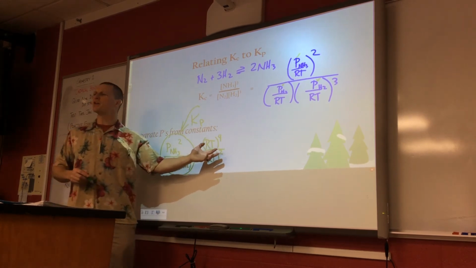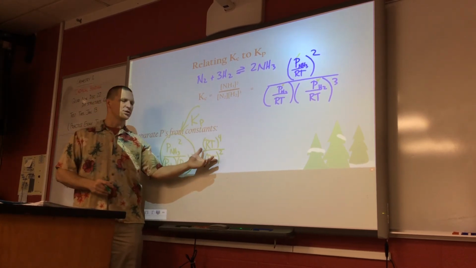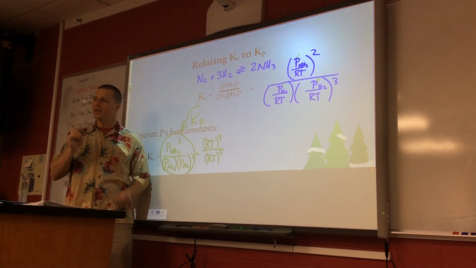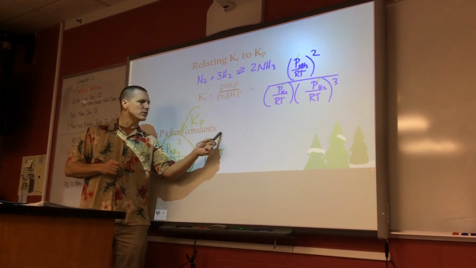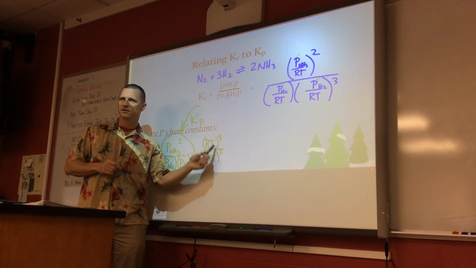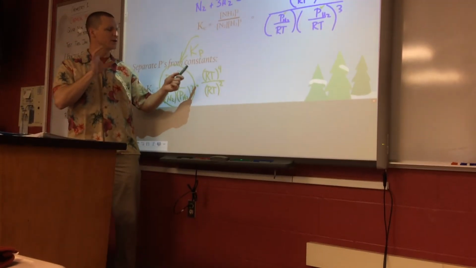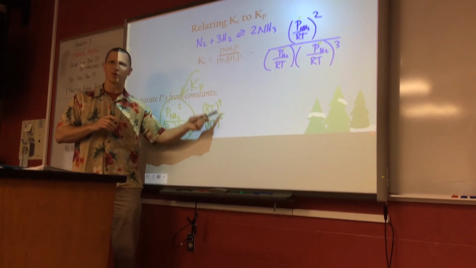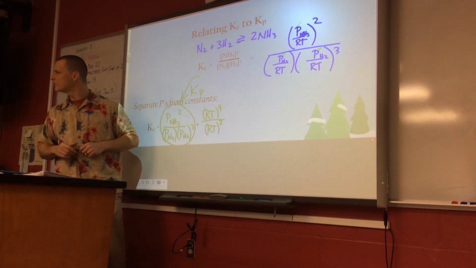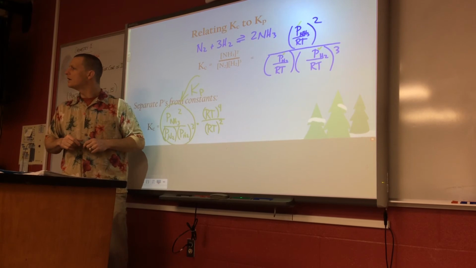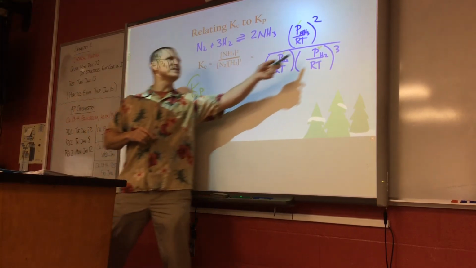Okay, now what about this RT? Now I know that we can cancel two of the RTs out and just make RT squared. But can we generalize this simplification? Is there something that you can identify as the source of the 4 and the 2? And where did those exponents come from?